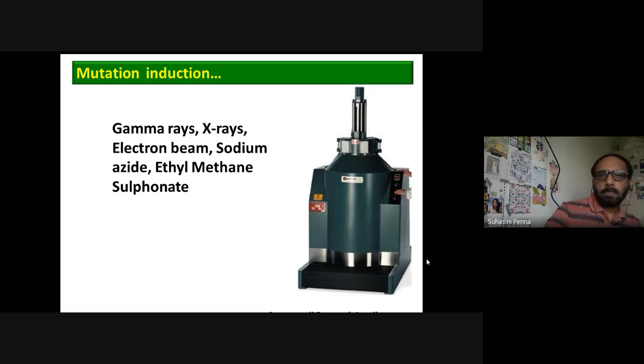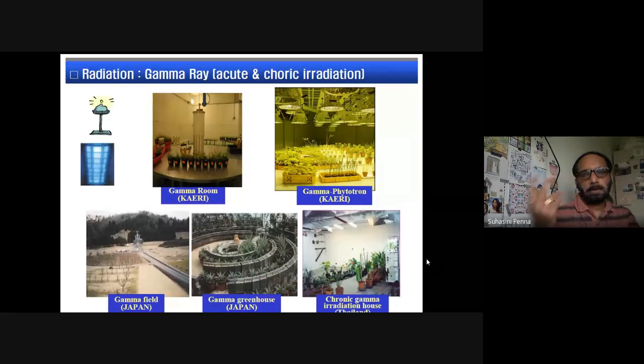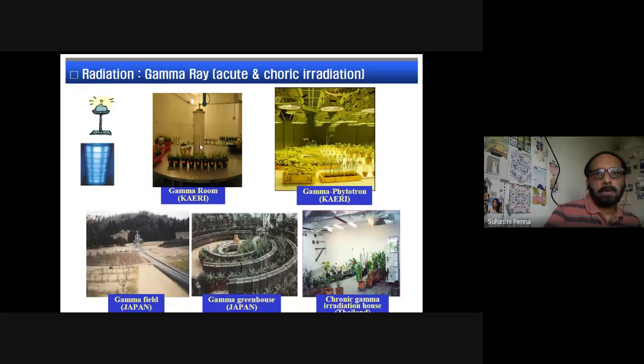And these are the different sources for gamma ray exposure, starting from gamma rooms where the gamma source is kept in the central position, and all around you can see the pots which are lined up.